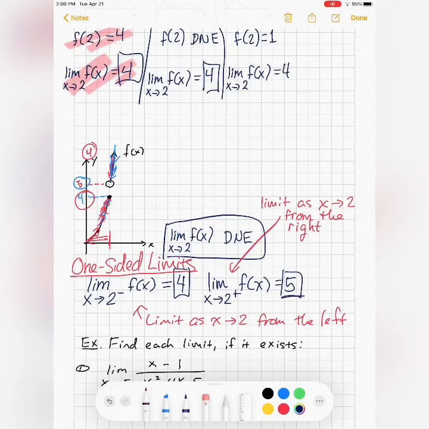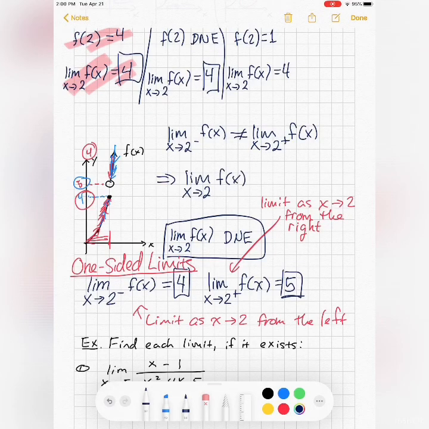But I could write a statement like this. I could say the limit as x goes to 2 from the left, that's 4, is not equal to the limit as x goes to 2 from the right, that's 5. Therefore, the overall limit as x goes to 2 of the function does not exist.